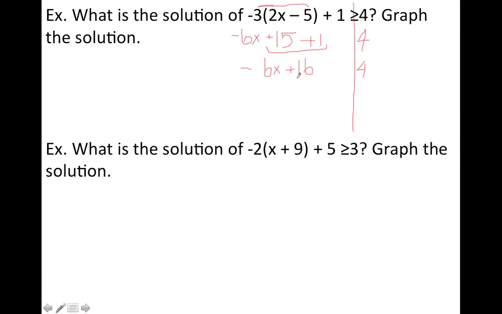So you always add or subtract first, then multiply and divide. So we're going to subtract 16 over, so we have -6x. We got rid of 16 by subtracting it over to this side, and 4 minus 16 is -12. And last but not least, x is being multiplied by negative 6. We need to divide by negative 6.